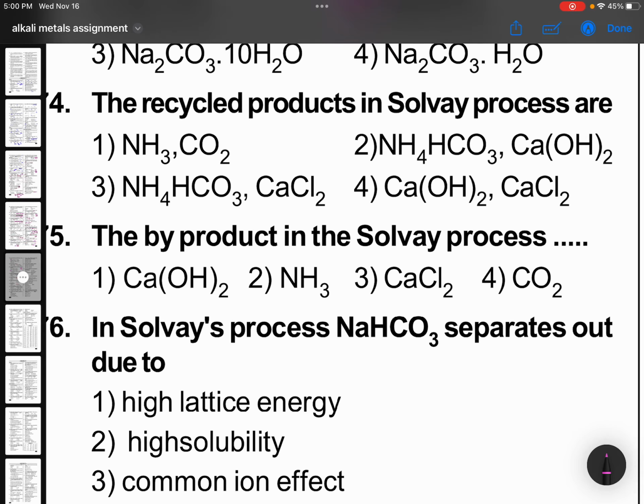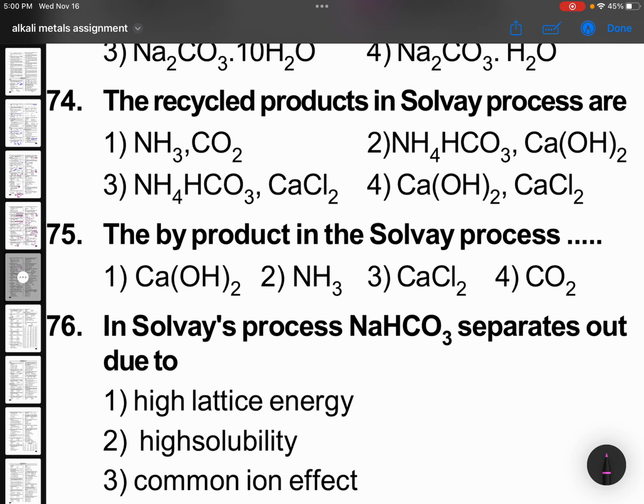Direct question. The recycled products in Solvay process. This is one interesting. Okay, now in Solvay process generally we use ammonia, carbon dioxide, sodium chloride, all these as raw materials. And recycled products in Solvay process are ammonia and carbon dioxide. These will be getting in the same process.